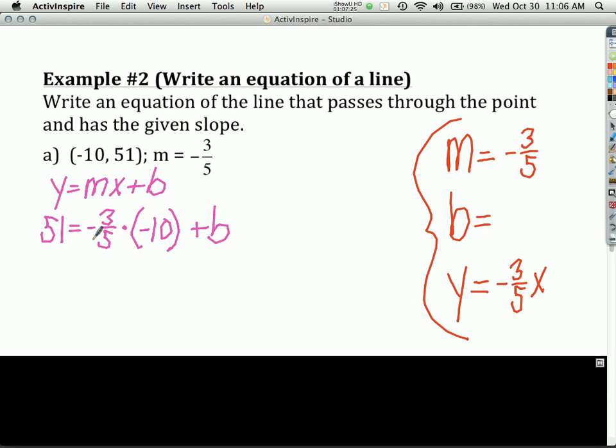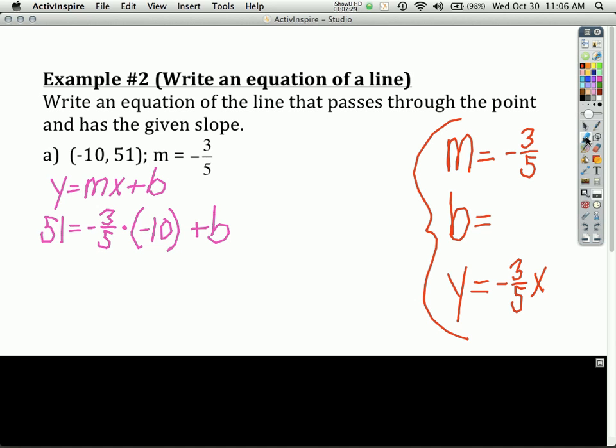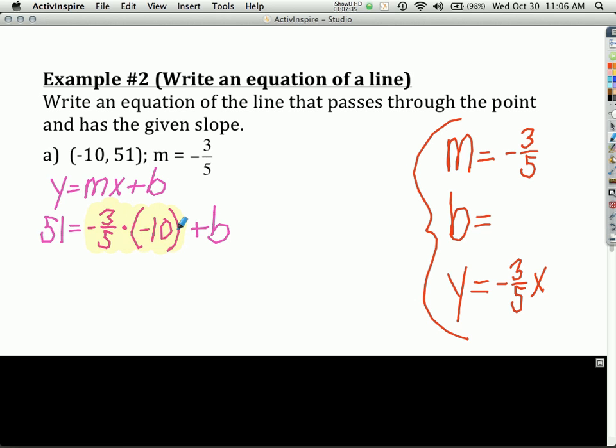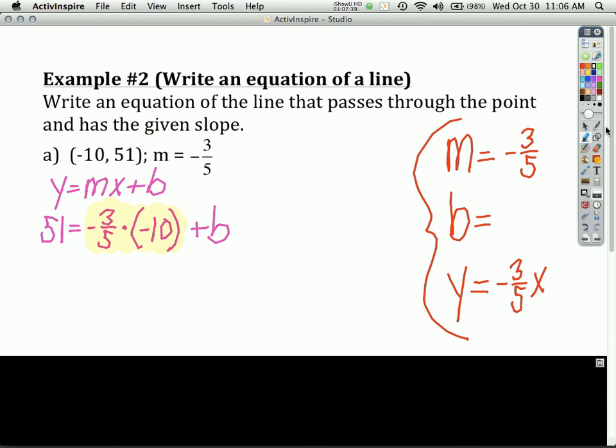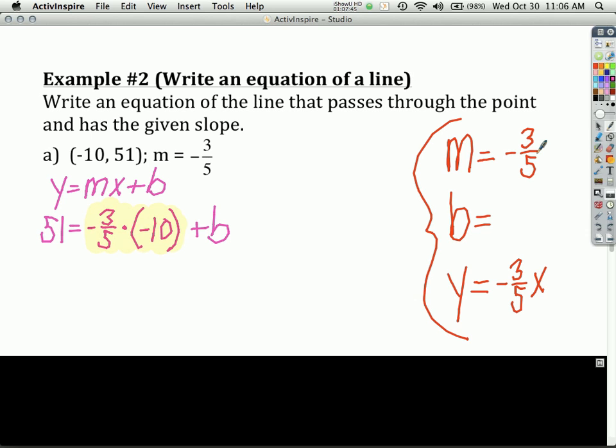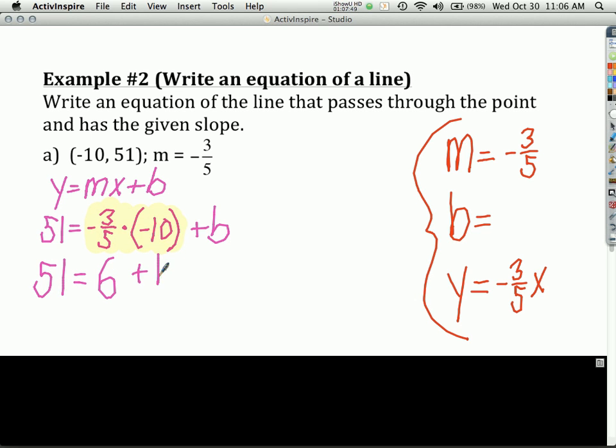So what is the value of this right here, this part that looks so ugly but is really not that big a deal? What's the value of that right there? Brandon? What is it? Yeah, it's 6. For those of you who don't know how we got that, it was magic. So now we've got 51 equals 6 plus b.